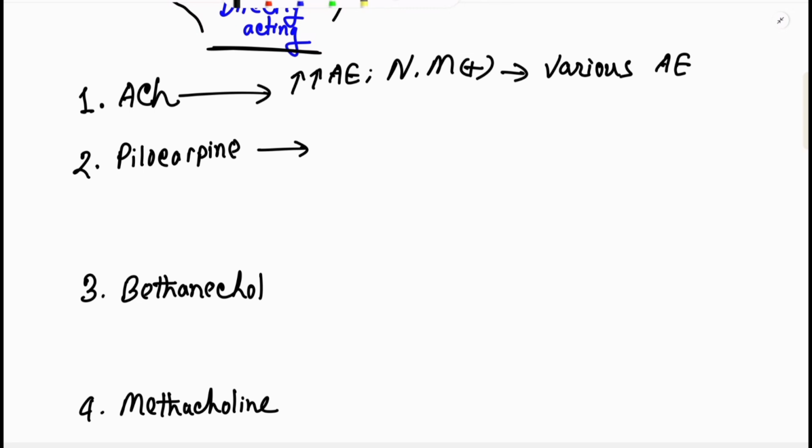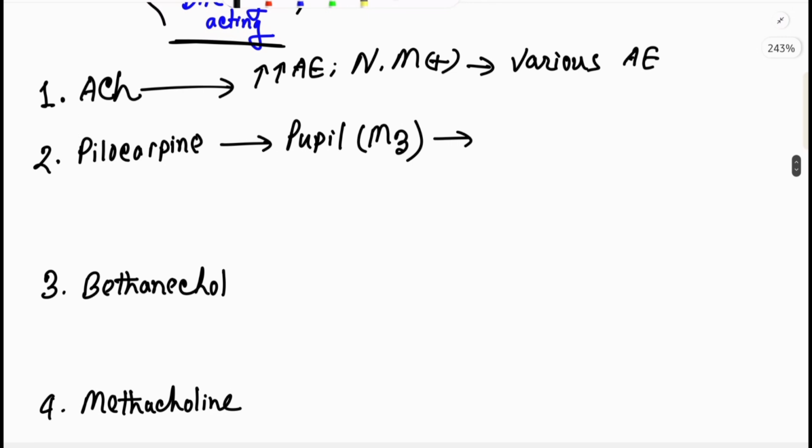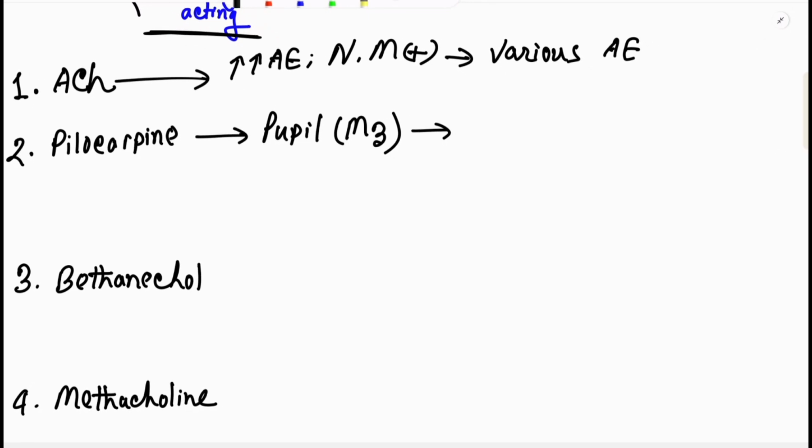Pilocarpine acts on the pupil. From the previous video we know that the pupil contains M3 receptor. Stimulation of M3 receptor causes stimulation of the parasympathetic nervous system, and we know that the parasympathetic nervous system only inhibits the heart, and all other organs or viscera are stimulated by it.